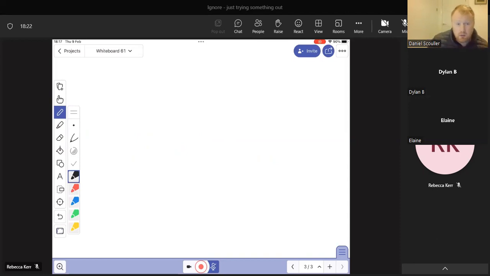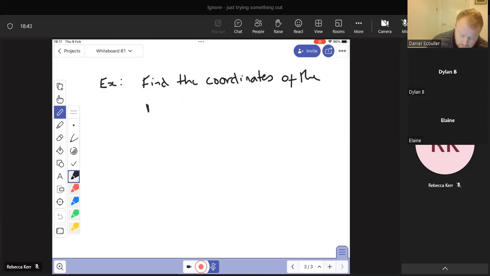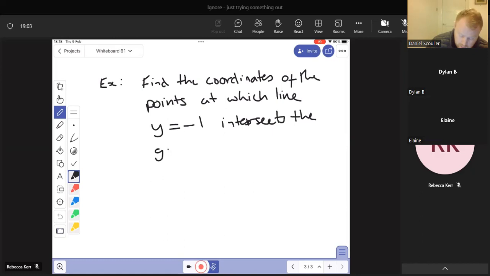One of the ways is it will ask you to find the coordinates of the points at which the line y equals -1 intersects the graph y equals 5 sine x plus 1.